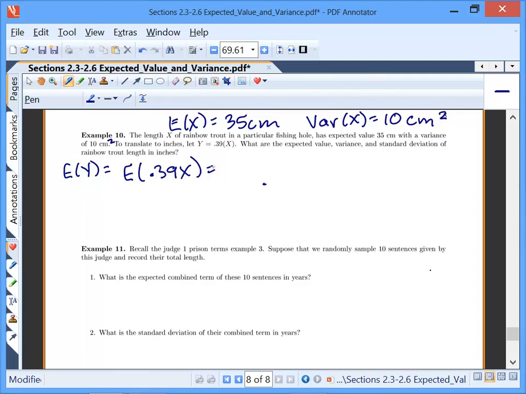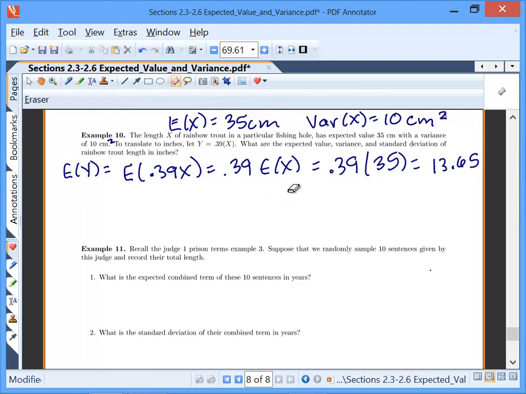Expected value just comes out as it is. So we pull out the 0.39 times the expected value of x, so this is 0.39 times 35, which gives me 13.65. So for this fishing hole, the expected length of the fish you're going to catch is 13 inches. On average, if you catch a lot of fish, the average length should be 13 inches.